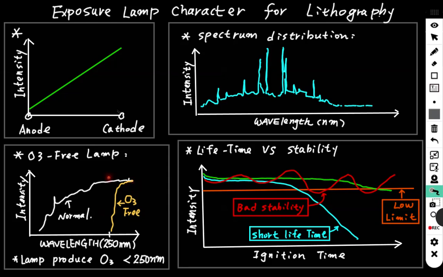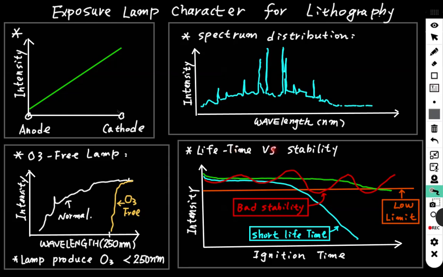So this type of lamp is called an ozone-free lamp. Of course, in a semiconductor fab, ozone is always being produced, so we have to install ventilation to let the ozone exhaust to the atmosphere.